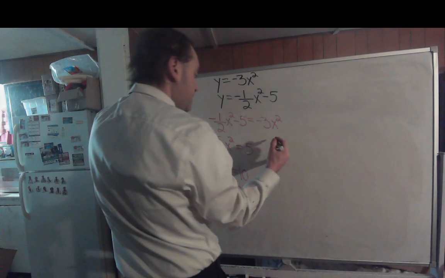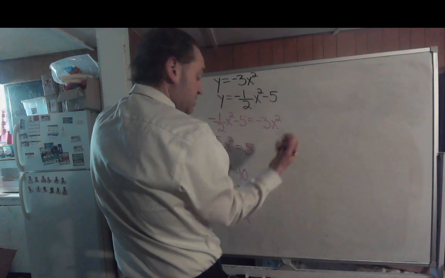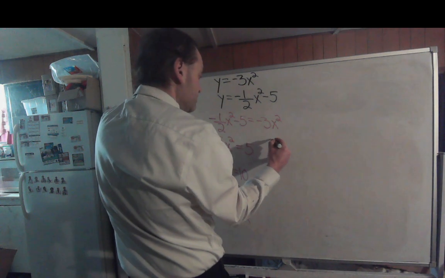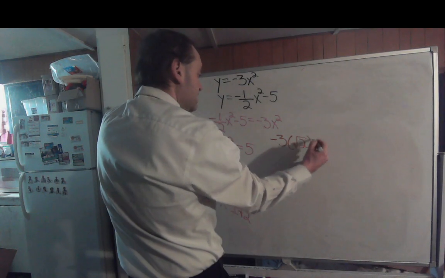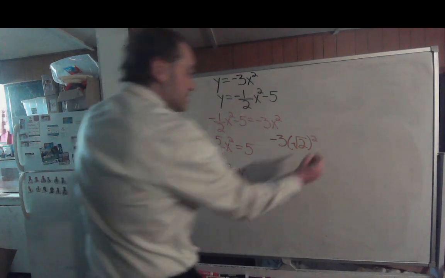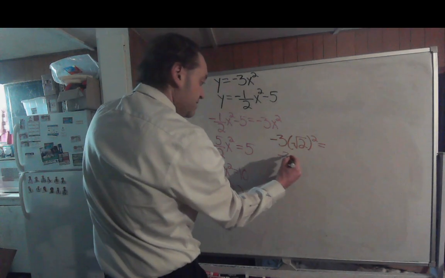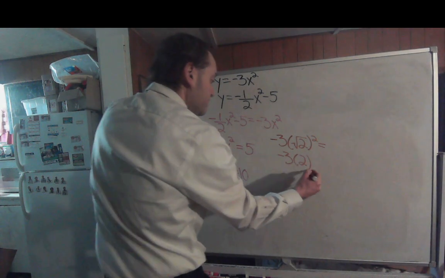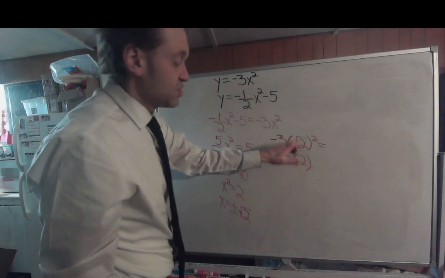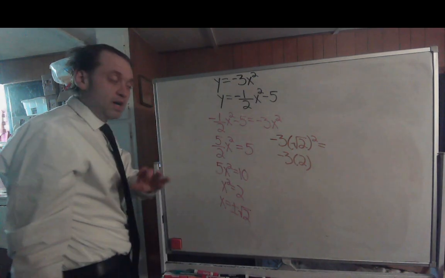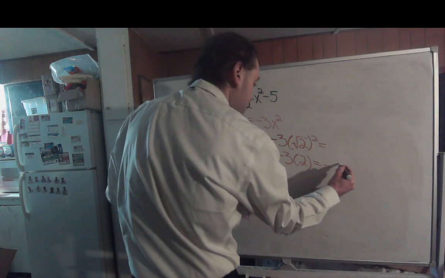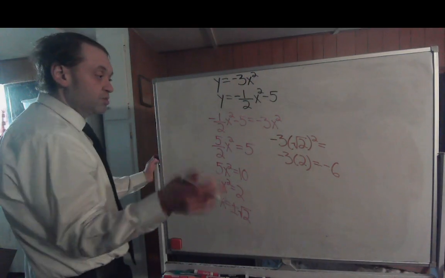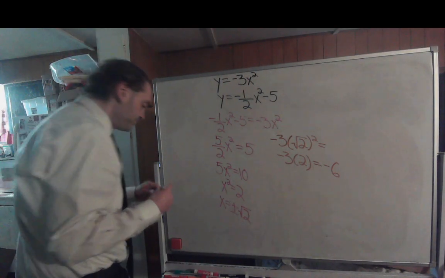Well, if I put in whether it's plus or minus the square root of 2, so negative 3 times the square root of 2, that quantity squared, what does that give me? That would give me negative 3 times 2. And even if I put in the negative square root of 2 and squared it, I'd still get positive 2 inside the parentheses, which would give me an outcome of negative 6 for both of them for my y value.